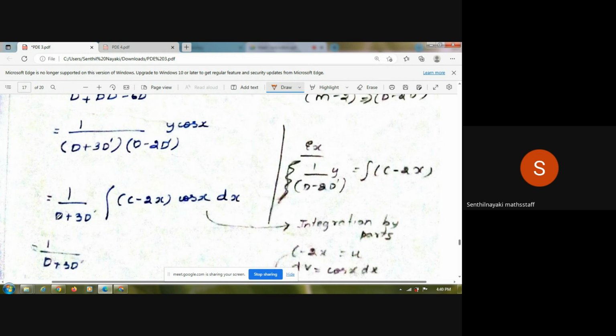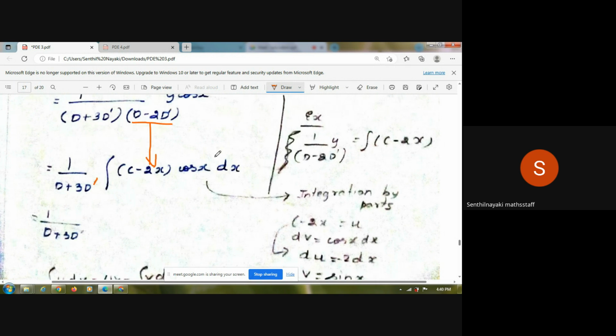So 1 by d plus 3d dash, keep this factor aside. So integral of c minus 2x, because this is d minus 2d dash, it can be written as, instead of y we can replace c minus 2x into cos x into dx.